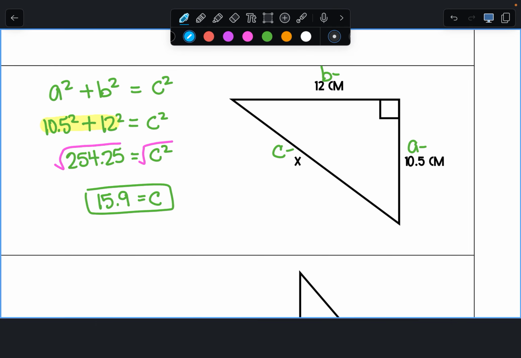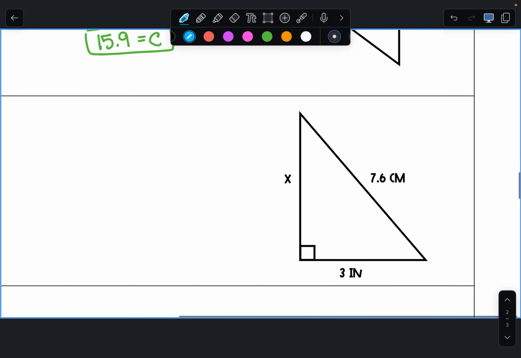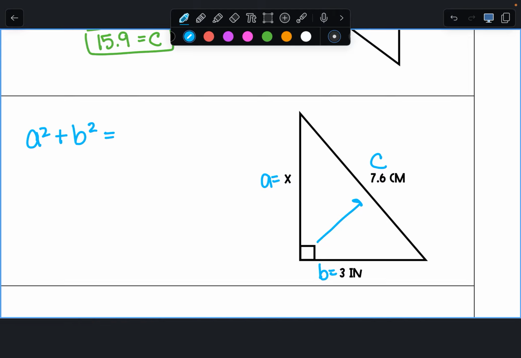Everybody got it? All right. Which one is side C? Always look for side C first. 7.6. Yep. I'm going to go ahead and label this one as A. This one can be B. Doesn't matter. So which one is missing? Longest side or a leg? One of the legs. So since one of the legs is missing, we're going to subtract.